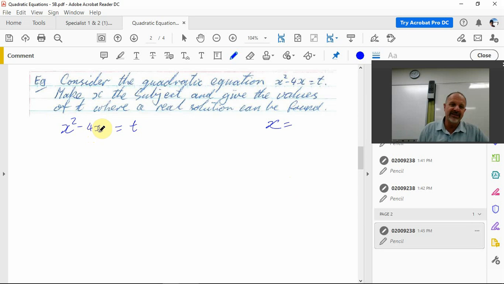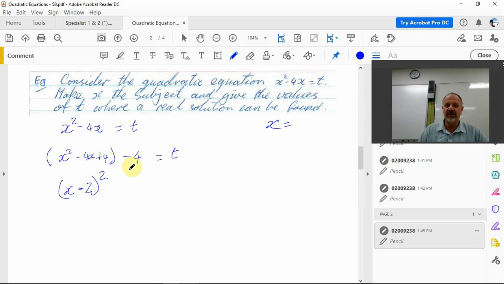So a technique that we can use here is, what about if I make a perfect square out of the x squared minus 4x? Well, what we know about completing the square, we halve this number, so -2, multiply by itself, plus 4, but don't forget we've got a -4 because this +4 has appeared out of us creating that perfect square, and that equals t.